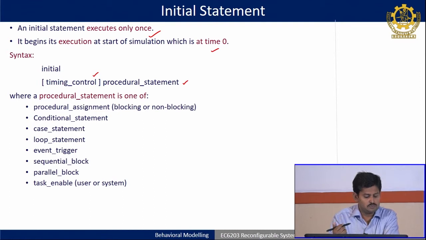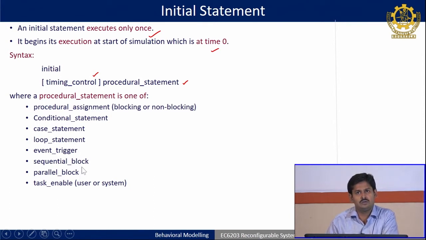A procedural statement can have all these forms: procedural assignments, which assign the input towards the output with a certain procedure. Those are called blocking and non-blocking statements, followed by conditional statements like if else, case statement, loop, event based trigger statement, sequential block and parallel block.